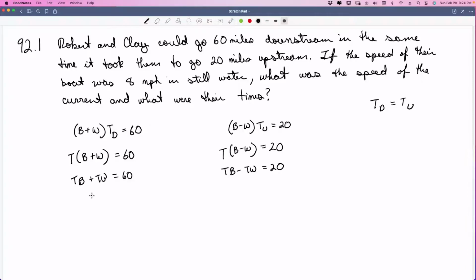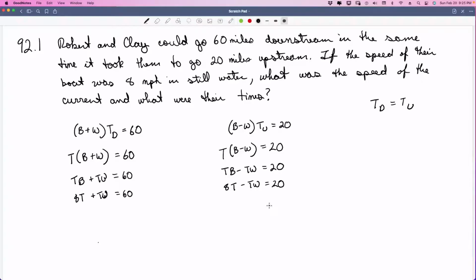Now we need to put in the boat speed. The boat speed was 8 miles per hour, so we can substitute that in for B. It's going to be 8T plus TW equals 60, and 8T minus TW equals 20.